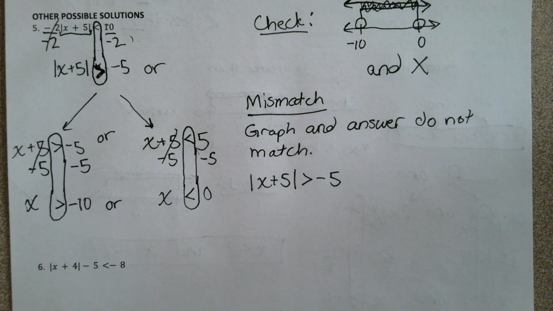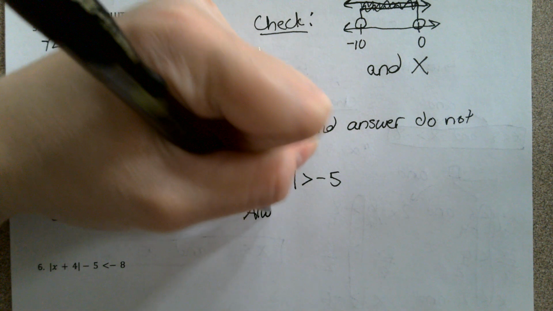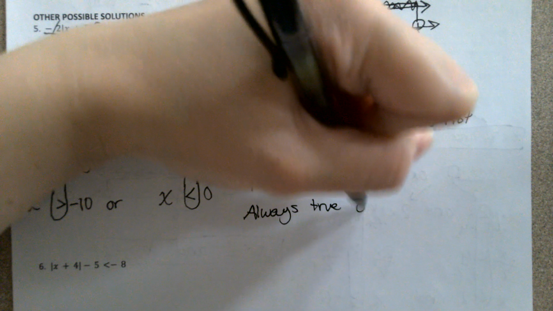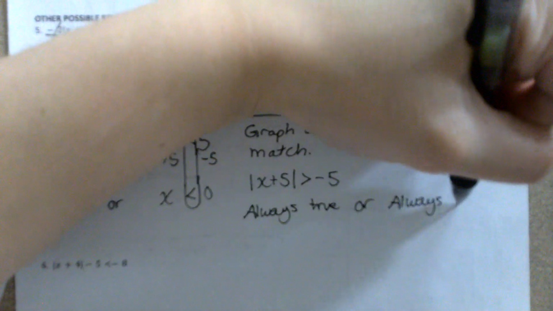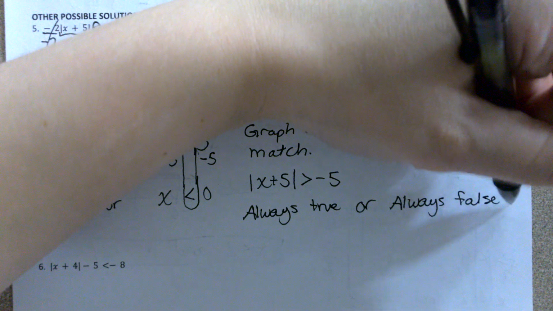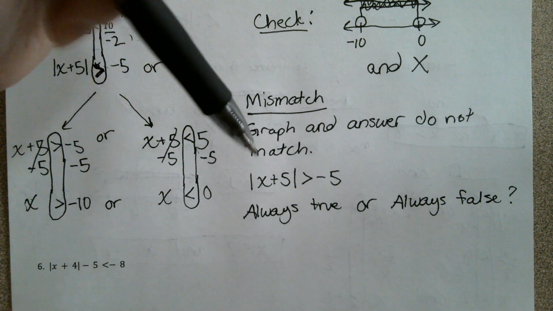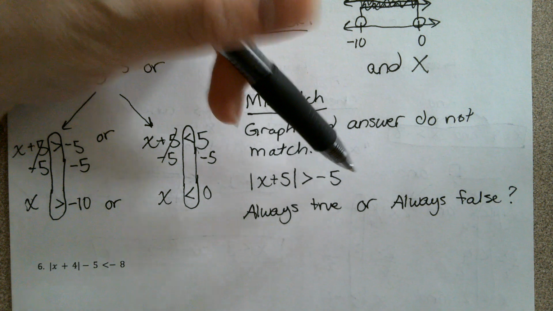Now you need to look at this and you need to ask yourself, is this always true or always false? It is going to be one or the other. So let's look at this and think about it. We have the absolute value of x plus 5 is greater than negative 5.